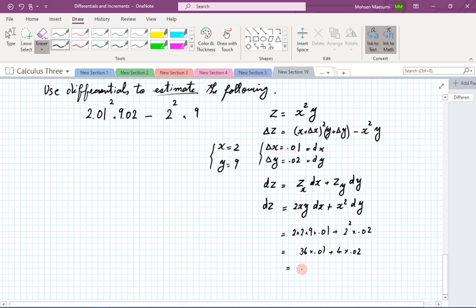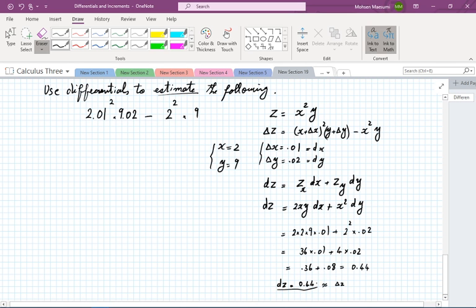So this is going to be 0.36, and this is going to be 0.08, and then the total is going to be 0.44, I believe. So what we calculated is that dz is 0.44, and that's an approximation for delta z.